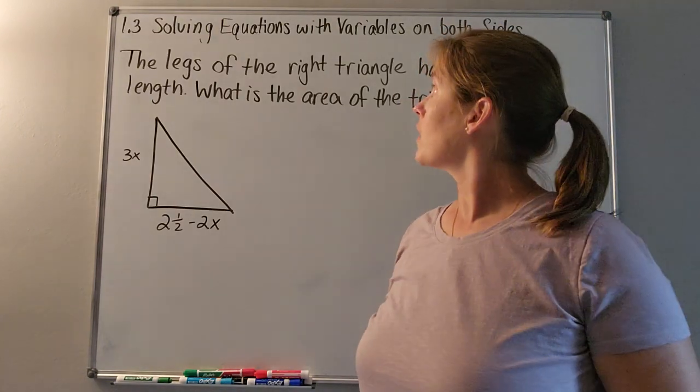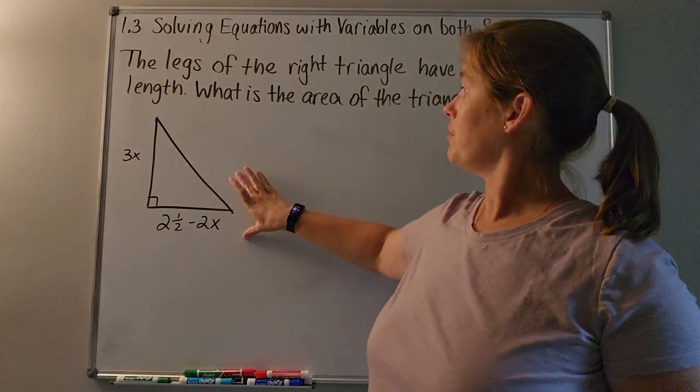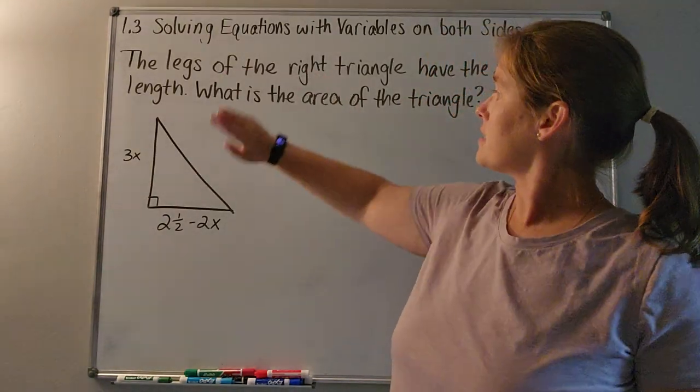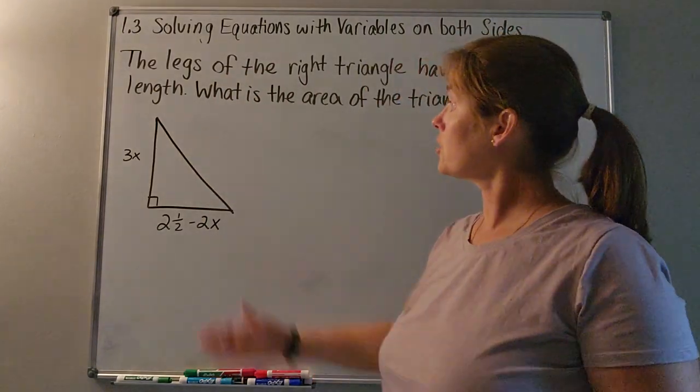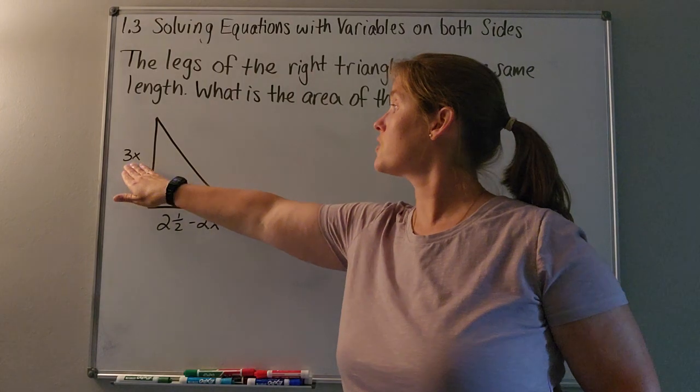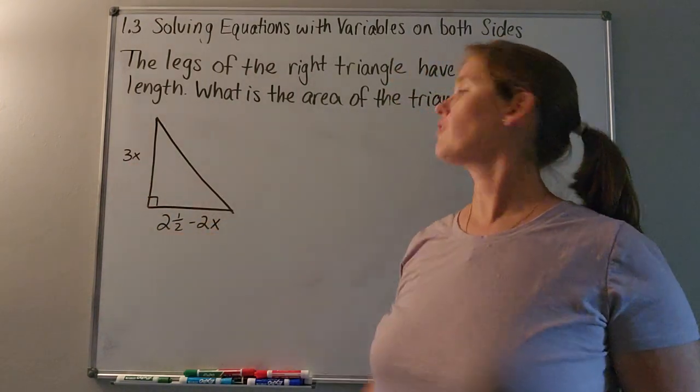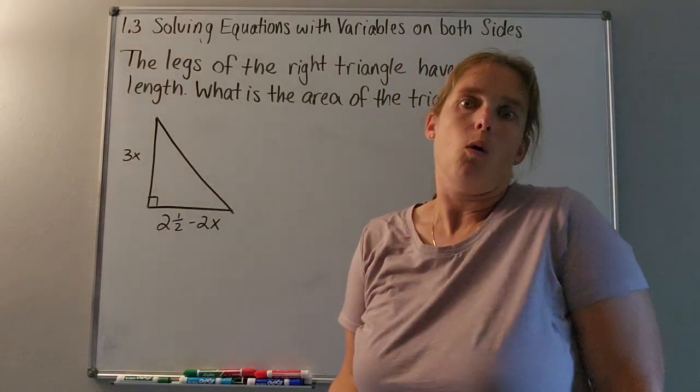Okay, so you have the legs of a right triangle that are supposed to be the same length. What's the area of the right triangle? Well, here's our triangle. One side length is represented as 3x, the other is 2.5 minus 2x. Now, why would we be doing this?